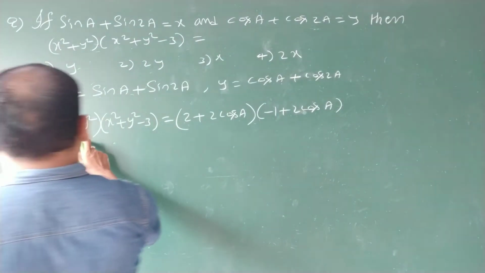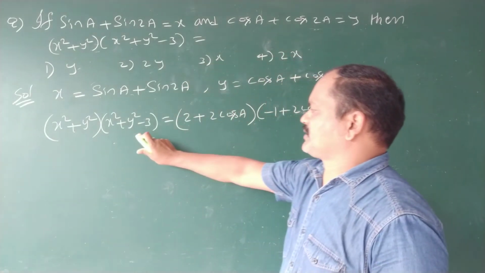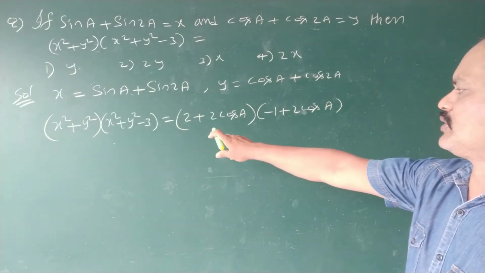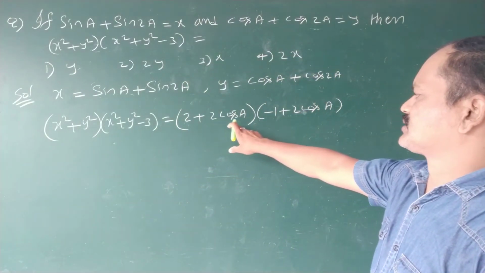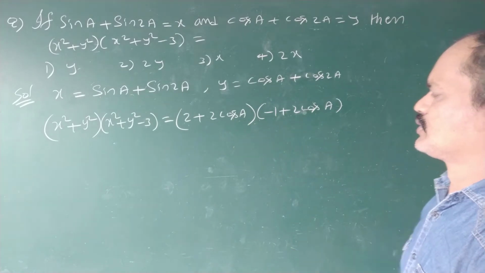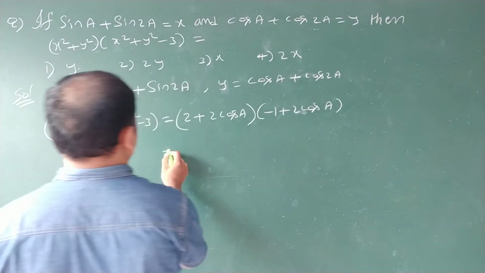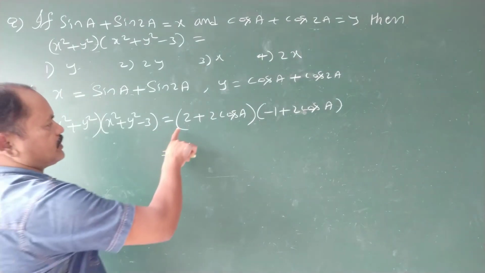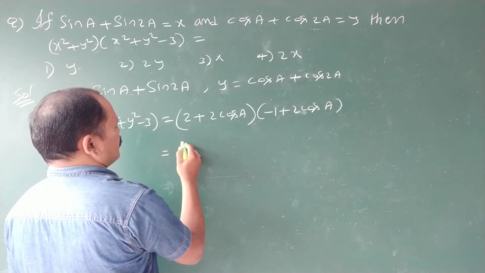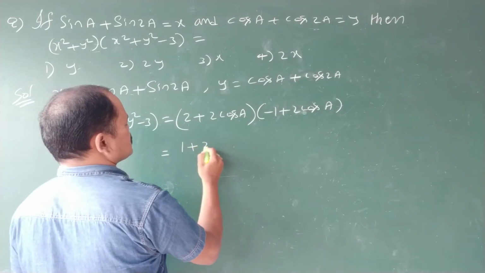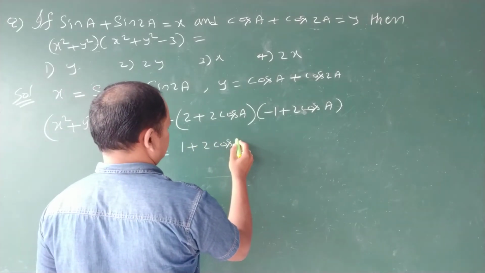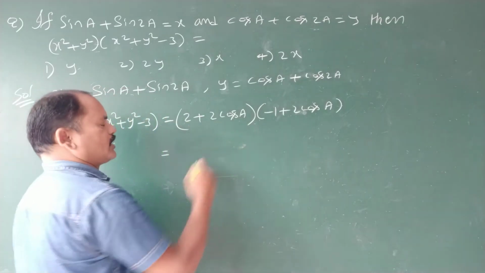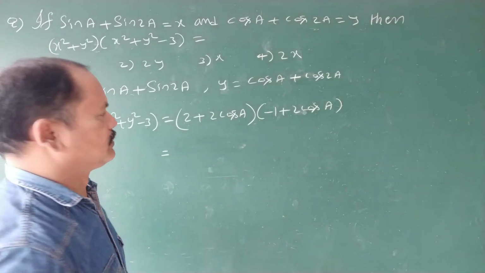Then x square plus y square into x square plus y square minus 3 is equal to 2 plus 2 cos a into minus 1 plus 2 cos a. So directly we have to multiply them.